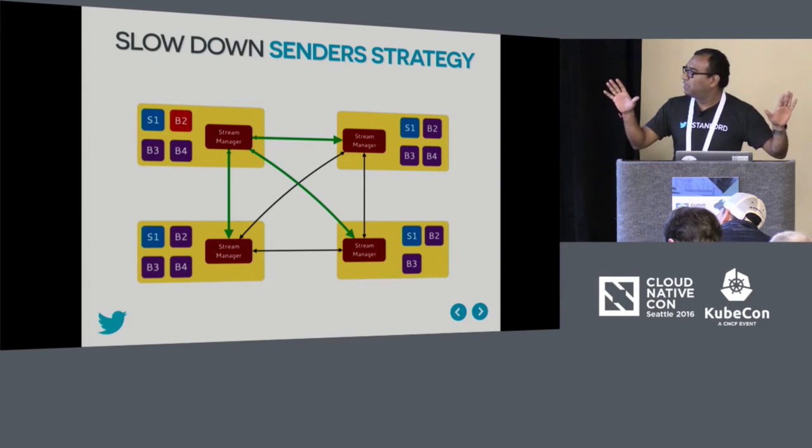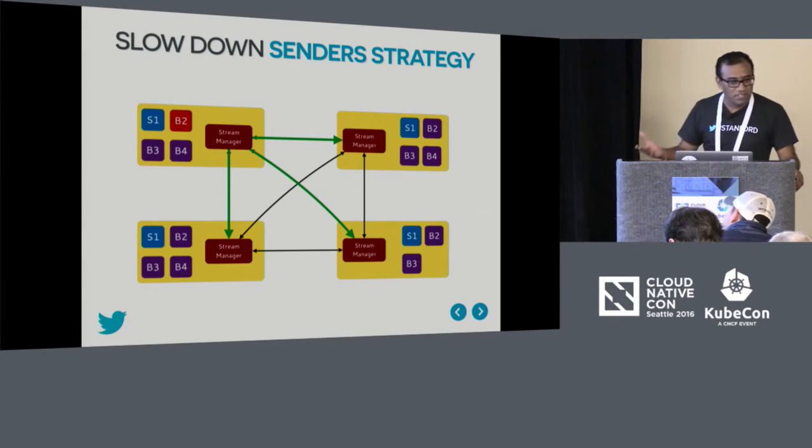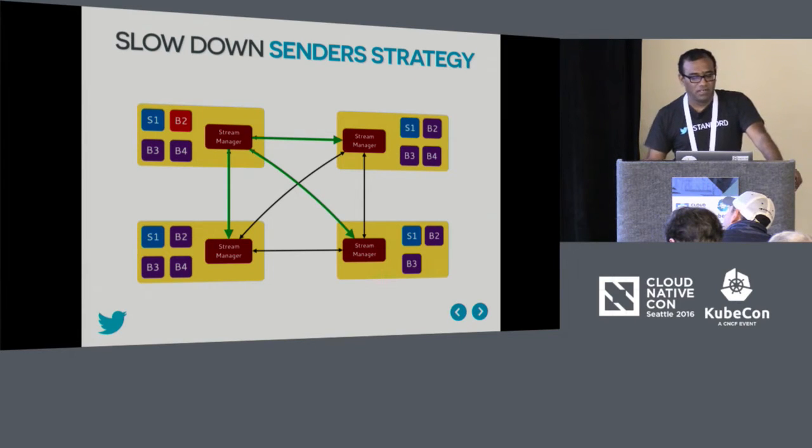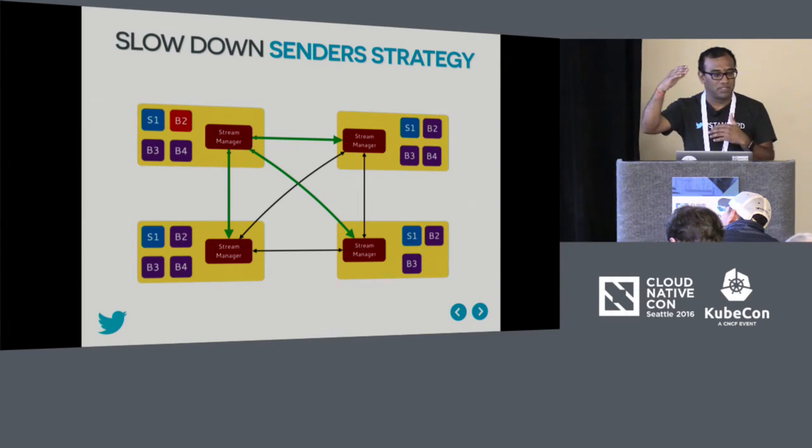Once the buffers in the stream manager drain below a certain threshold, we send a relieve back pressure message, then the spouts are opened and keep going. That is a very simple mechanism, and it allows you to initiate and relieve back pressure quickly. There is also a cushion, in the sense that you have these buffers in the stream manager, and you can pick the low water mark and the high water mark and set those values accordingly.